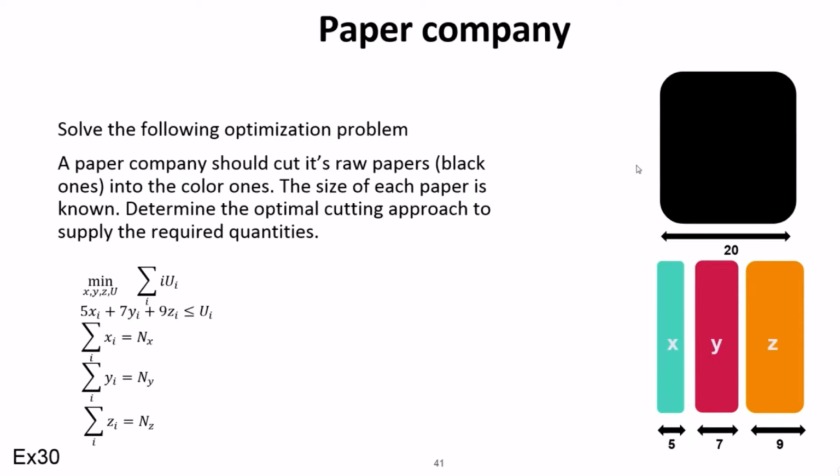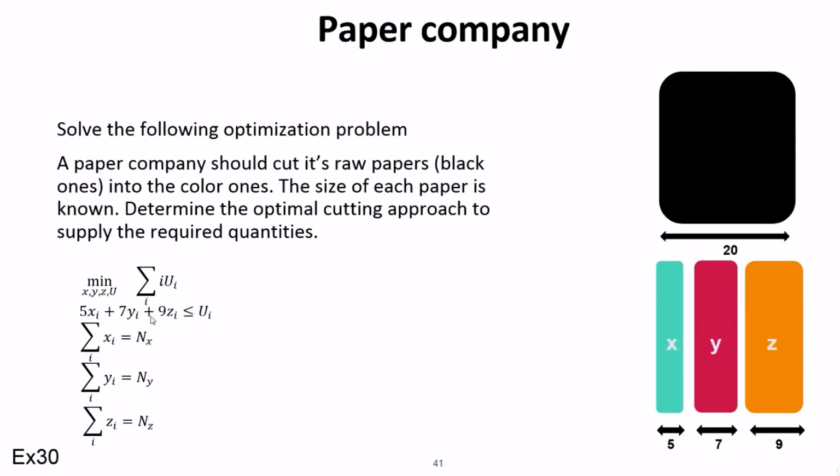Okay, so definitely I have to choose the binary variables. For each piece of paper, let's call it i, I want to know how many X I can extract, how many Y, how many Z. For example, 1 X and 1 Y, which will be 12.